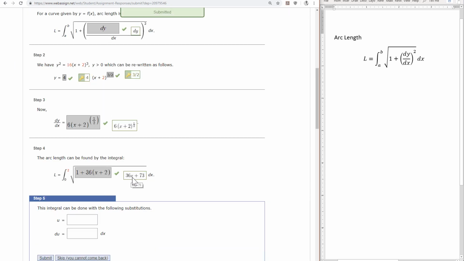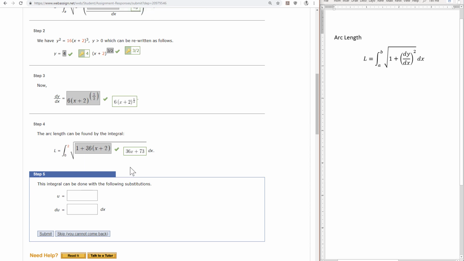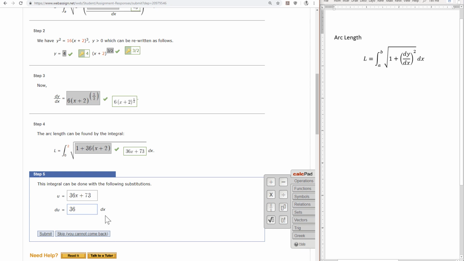So it looks like this is just a linear term under a square root, and so the best way to probably solve for this is just to do a simple u substitution. We're going to let u equal everything inside of the square root. And then the du is going to give us a factor of 36 times dx.